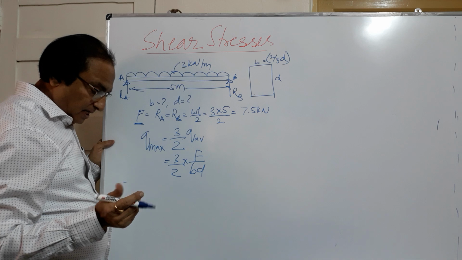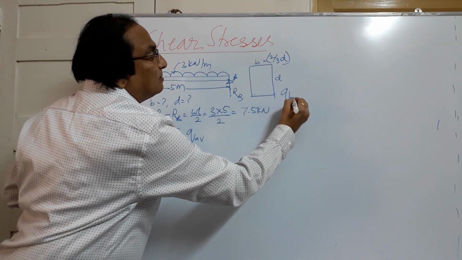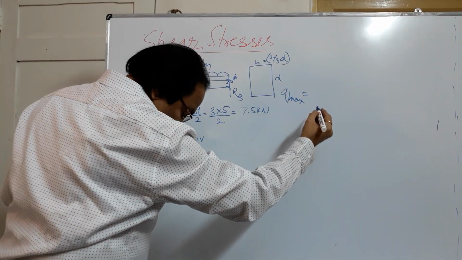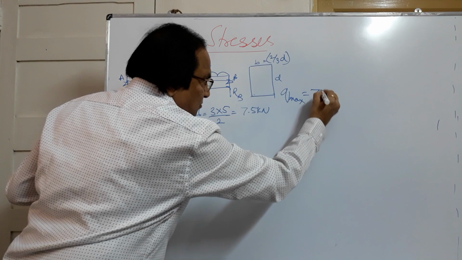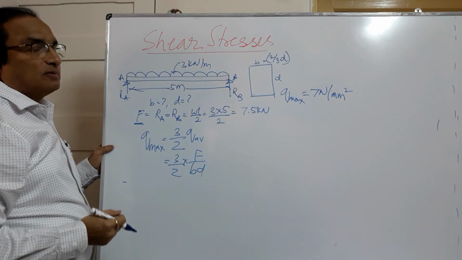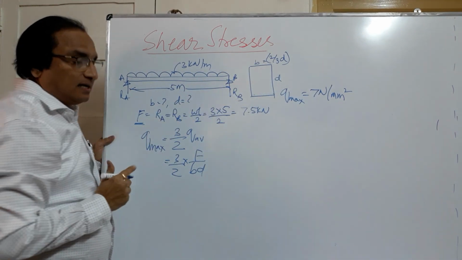Here in the problem it is mentioned that the maximum permissible shear stress is, suppose I take it as, 7 Newton per mm square. Then how much should B and D be?